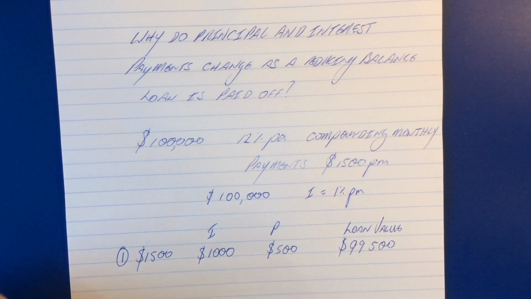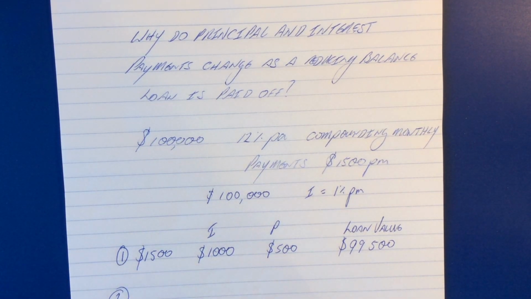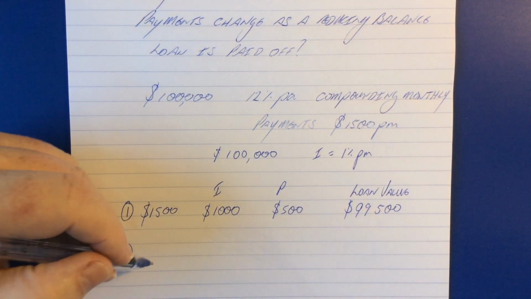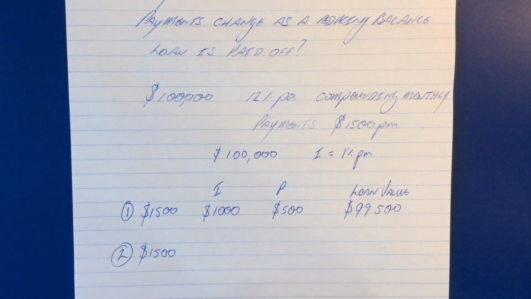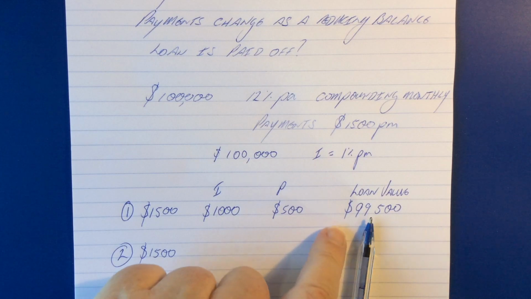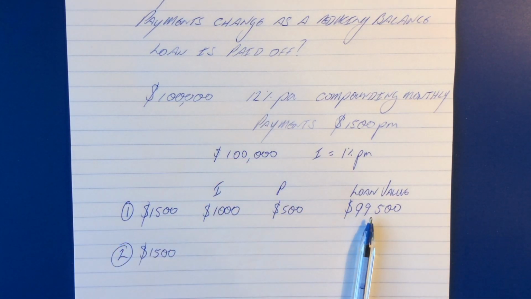Well, the reason is because if we go to month 2, and this is as far as I'm going to go, otherwise this really will start looking like an amortization table, the person still pays $1,500. What is 1% interest on that? Because the loan is no longer that, it's that. That's the key thing.